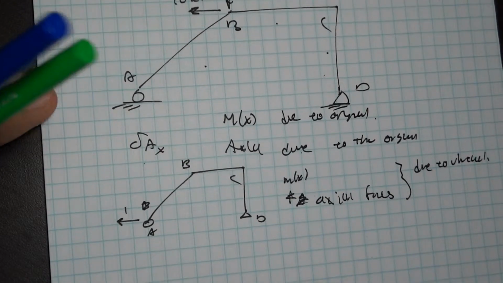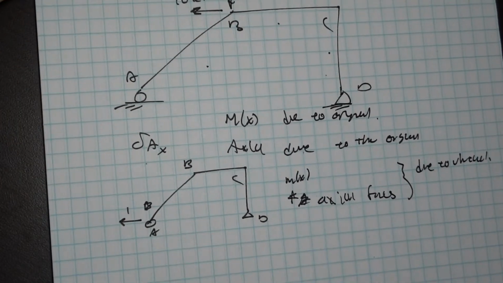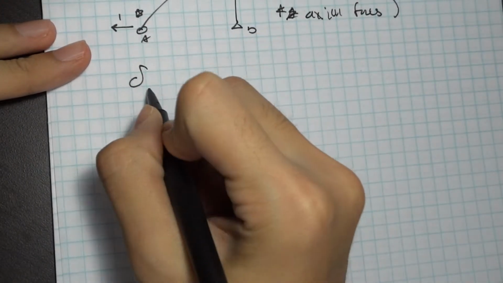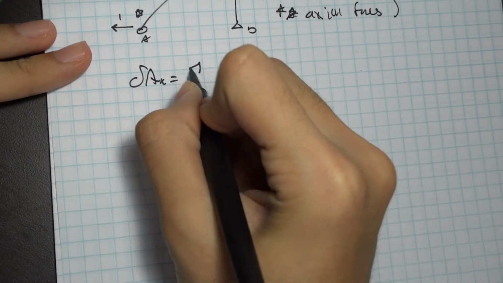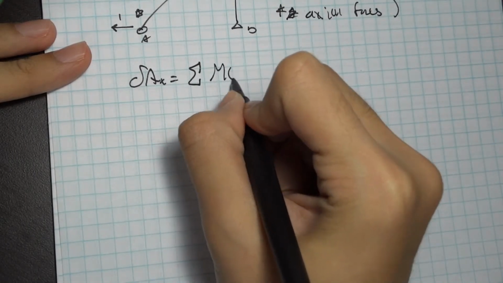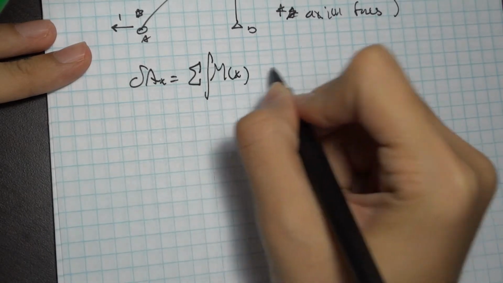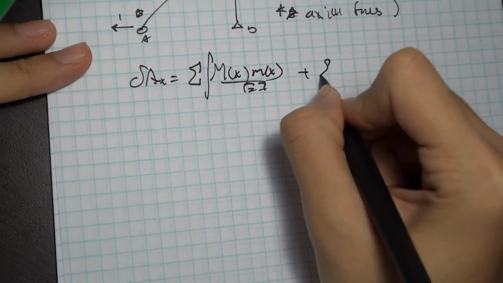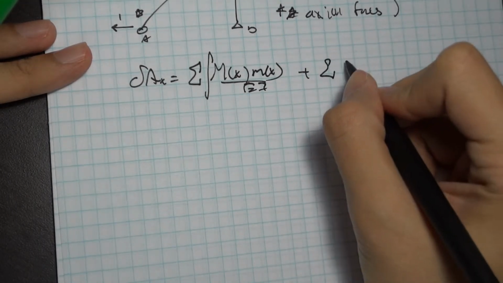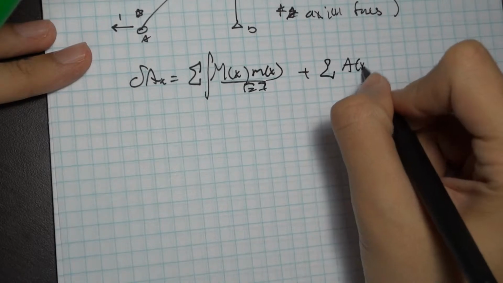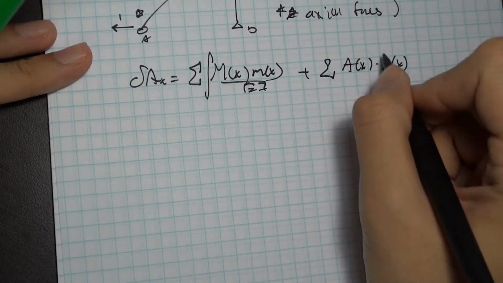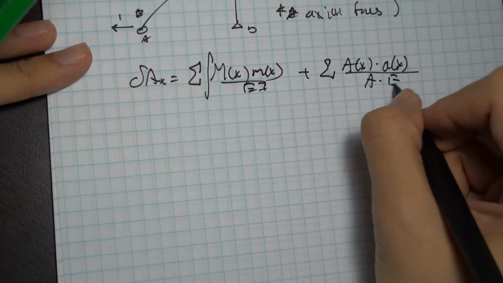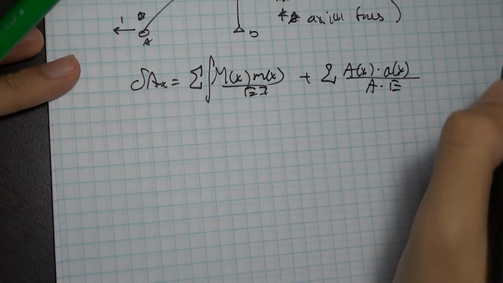And then here's the fun part, your delta AX is going to be the sum of the integral of your m of x times m of x over EI, plus the sum of your a of x times a of x. Before we were using f of x and f of x, but I'm just using a of x here, A to denote axial force.